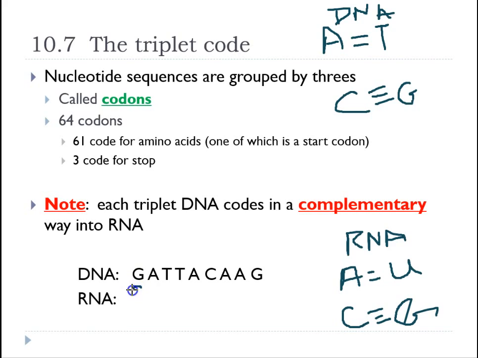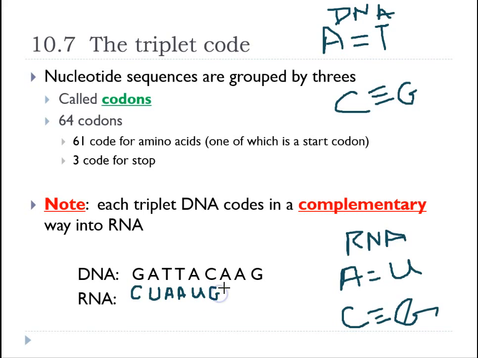G will become C. Normally A would be T if it was DNA, but now it's going to be U for uracil. T would normally be A in DNA, and it's still A here. We've got another A. Normally A would be a T, but now it's a uracil.